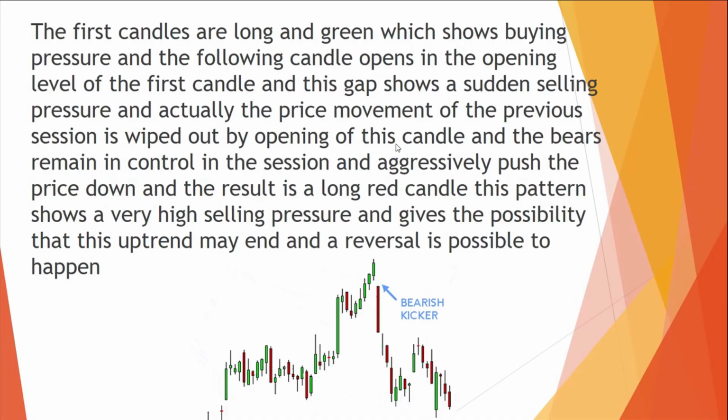The bears remain in control in the session and aggressively push the price down, and the result is a long red candle. This pattern shows very high selling pressure, and it gives the possibility that this uptrend may end and a reversal is possible.